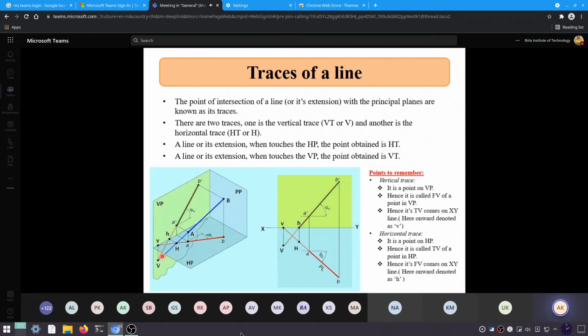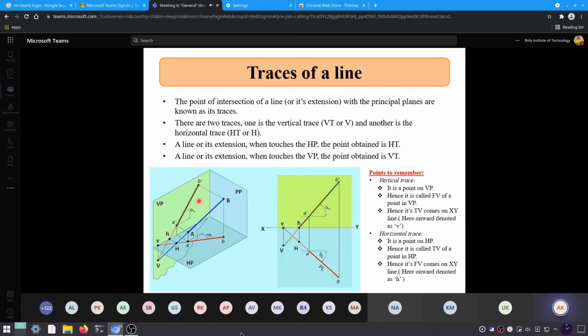It is not going to meet the vertical plane, because it is parallel to VP. It is going to meet at a certain point in HP, and this red line will be parallel to the XY line.